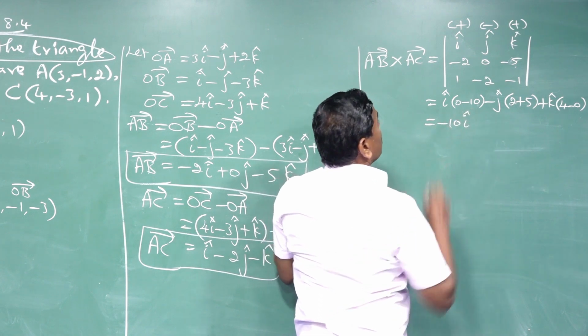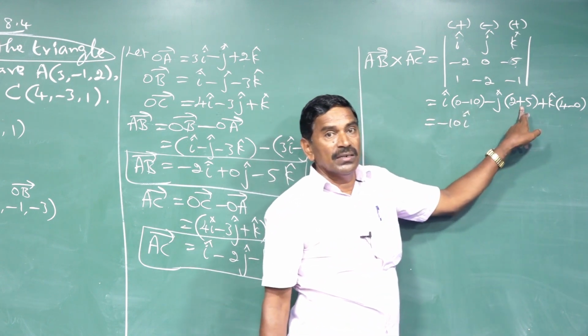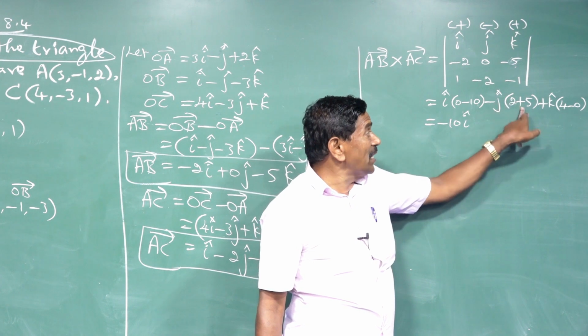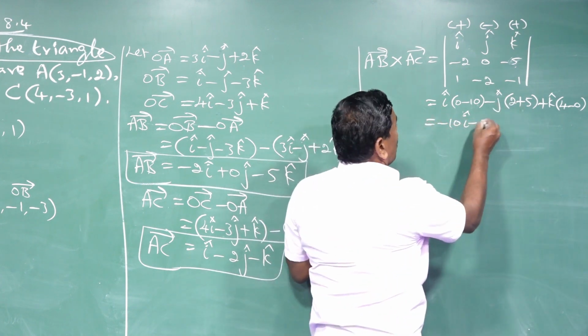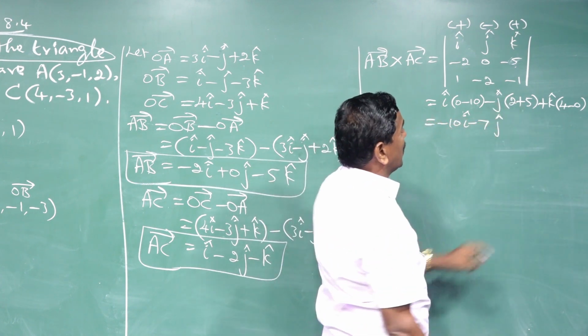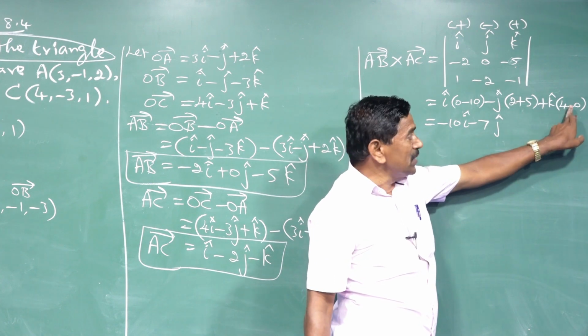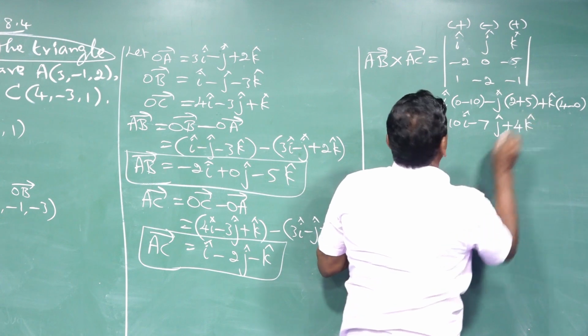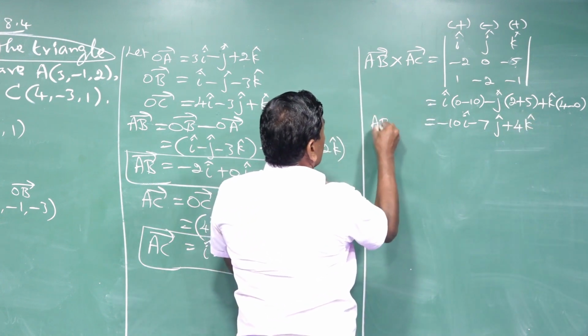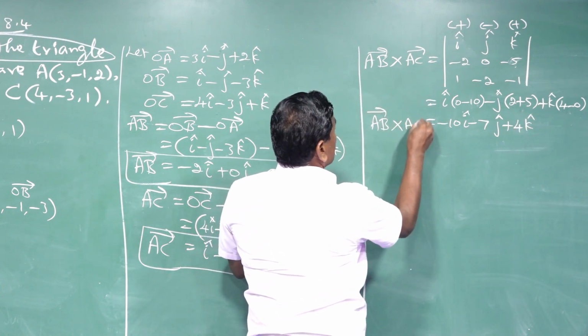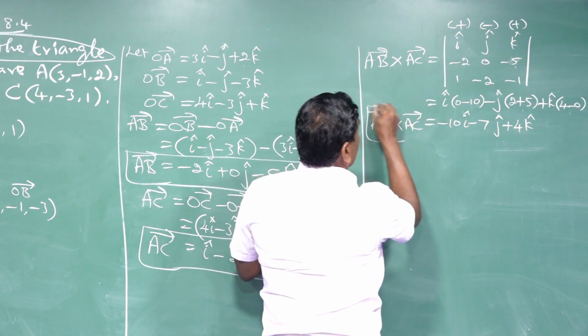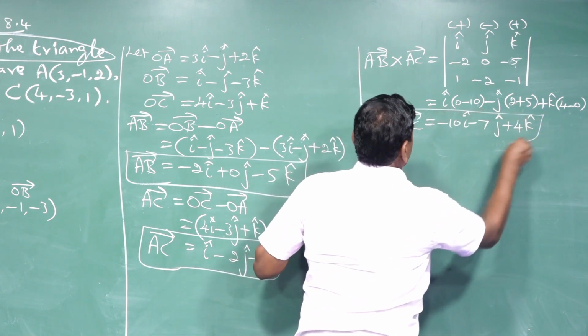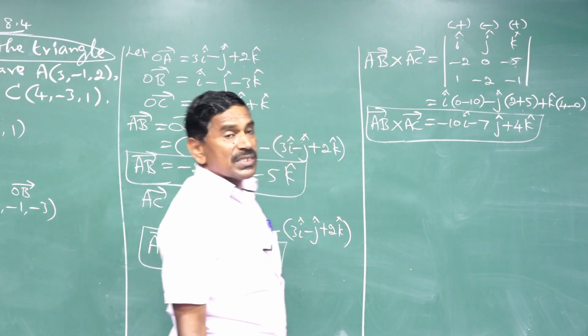Second one, minus 7 j cap. Next, the last one, 4 into k cap, plus 4k cap. The left hand side is AB vector cross AC vector. AB vector cross AC vector is ready.